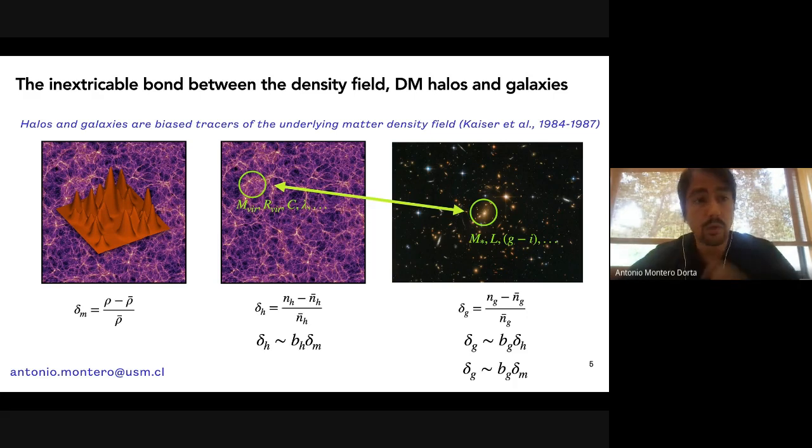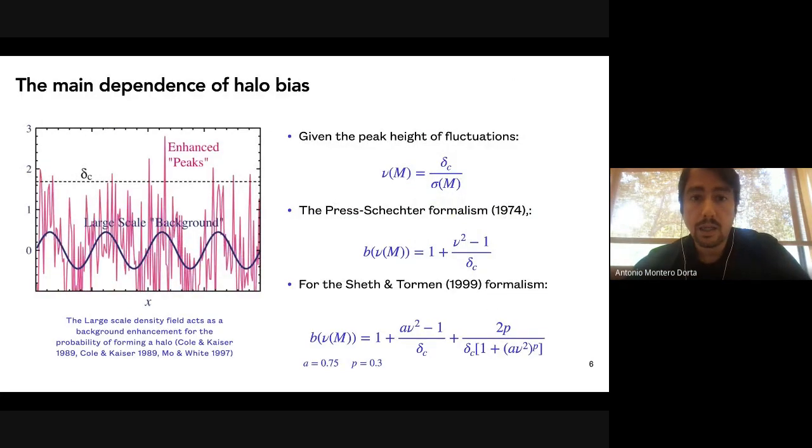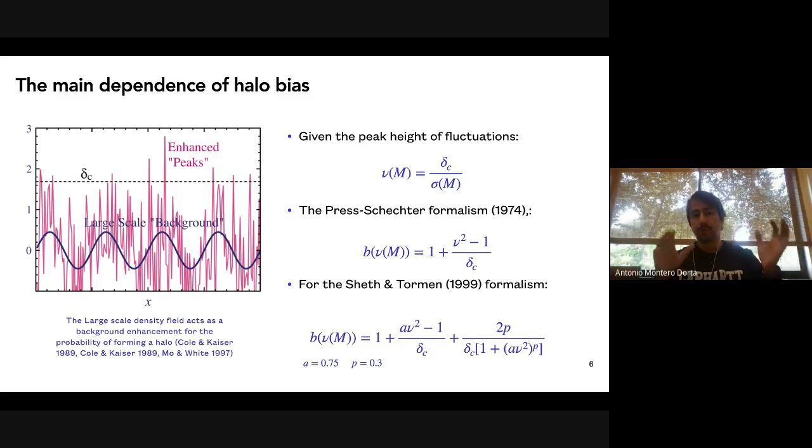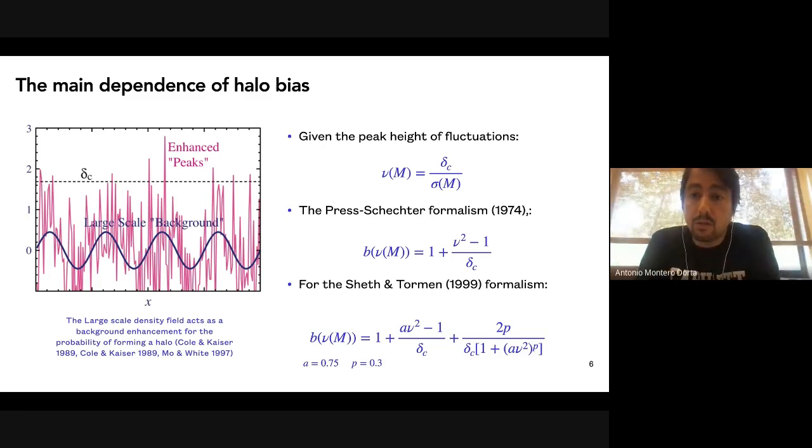We know that halos are biased tracers of the underlying matter density field, and galaxies are biased tracers of the halo field and the underlying matter density field as well. Now, as you know, there's a main dependence of halo bias, which is a way of characterizing or describing halo clustering, and that is basically halo mass, of course.